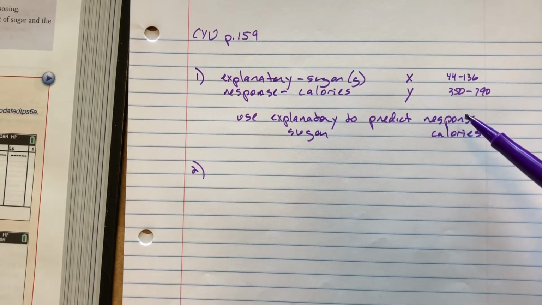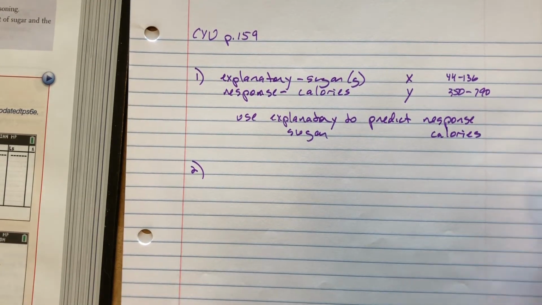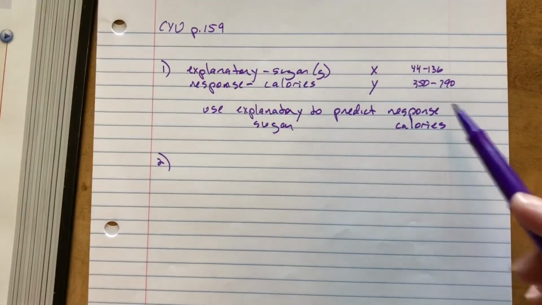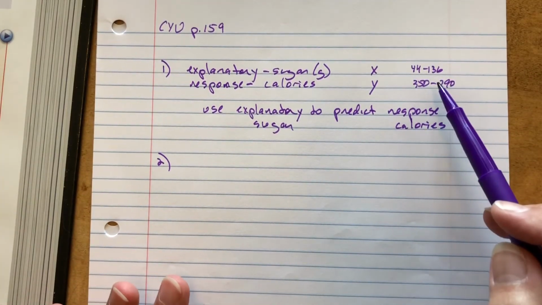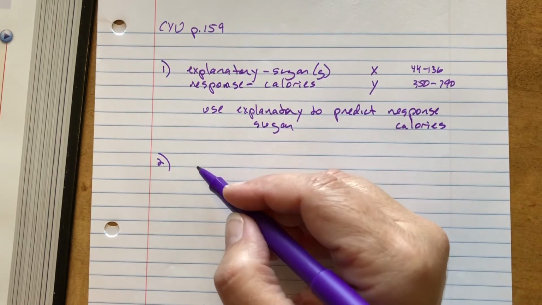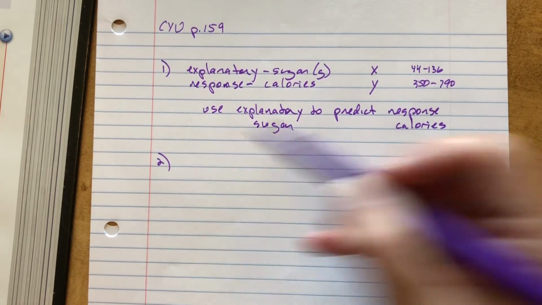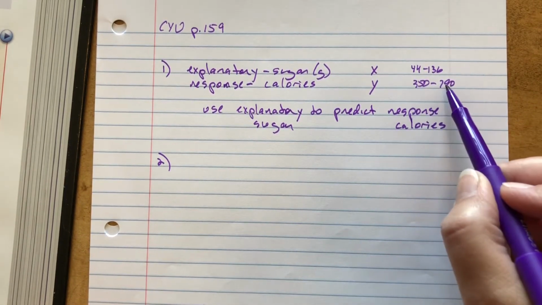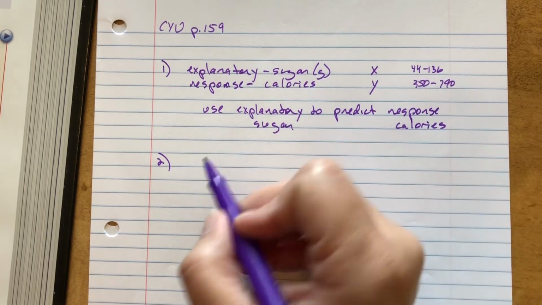You don't have to start your scatter plots at 0, because that'll just have a lot of empty space on the graph. So you can start your x and y axis for a scatter plot at the lowest possible value. For the y, I'm going to go by hundreds from 300 to 800.